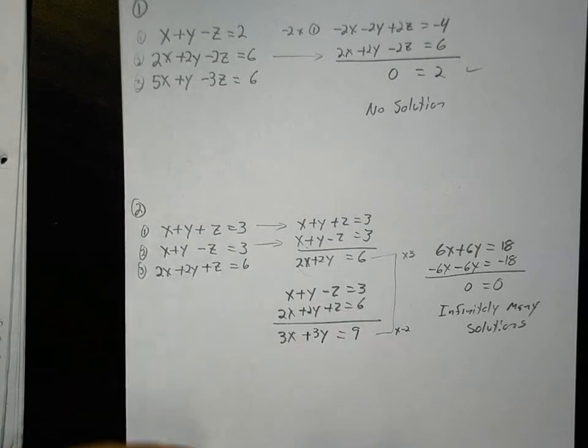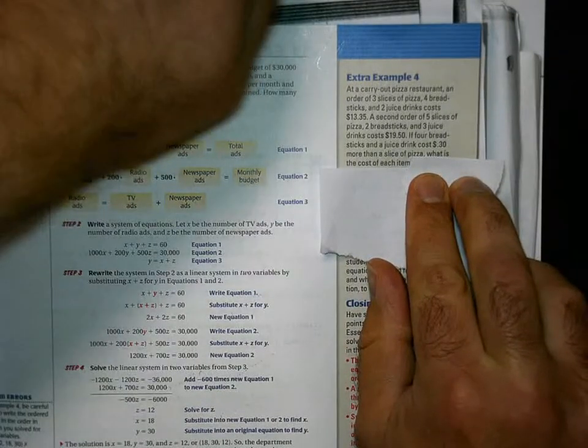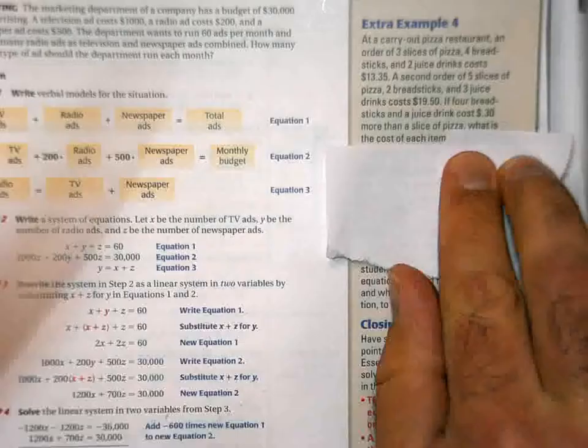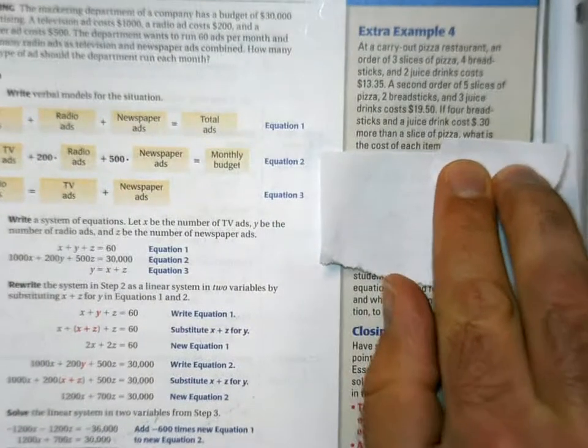Let's look at a word problem now. I'll pull this out of my book. We'll read through it there on the top right. We're looking at extra example 4.